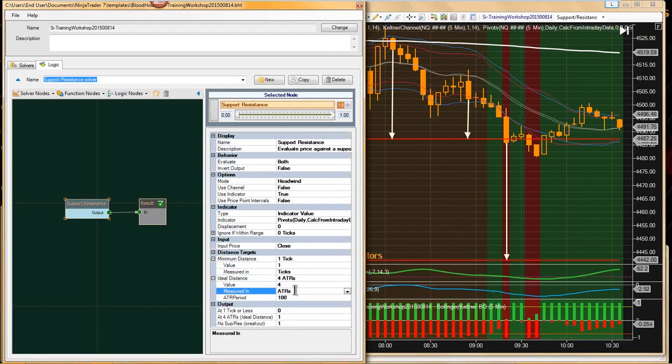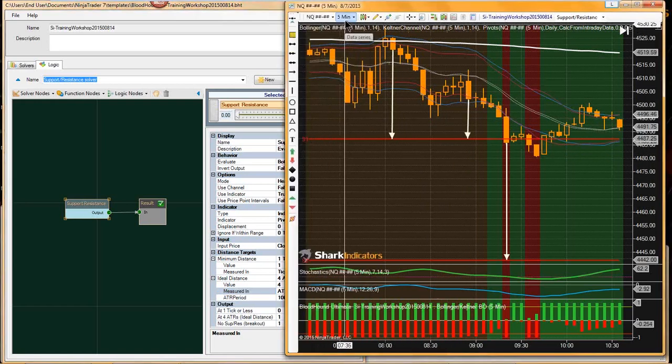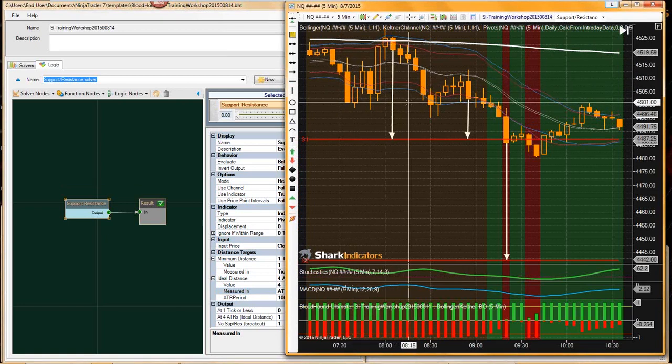So just a quick explanation. ATRs are a way to dynamically change your distance requirements based on market volatility. So if you're using, like, a minute chart, price action can get really volatile, and the ATR measures how volatile each bar is and averages it out.